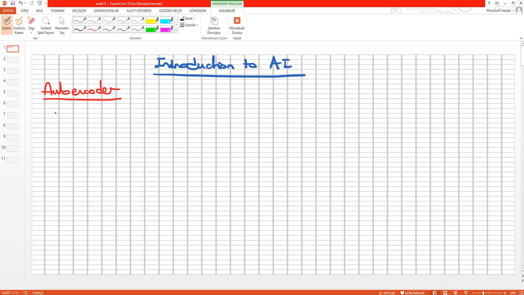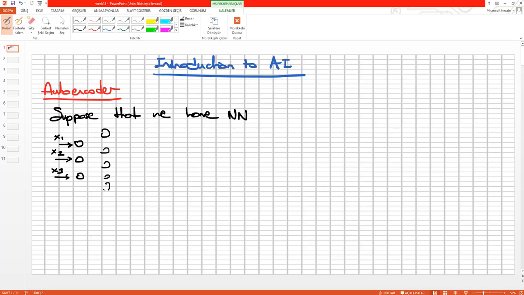Firstly we need to suppose that we have n, for example 3 input neurons given in here, x1, x2 and x3. Okay, and so we can build some other neurons in here like this one, and after that we can generate the one output y.